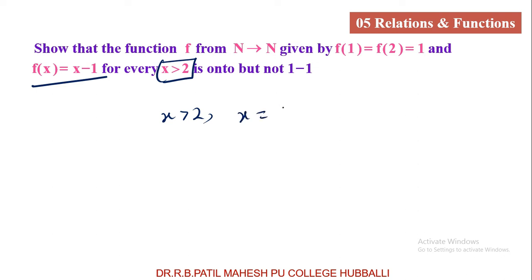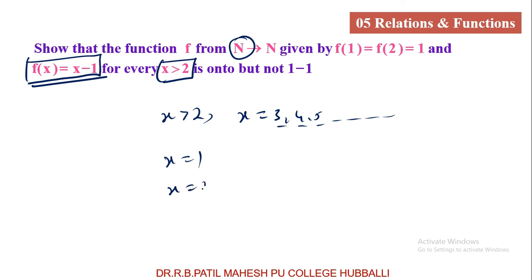Natural numbers, remember. X greater than 2 and natural numbers means 3, 4, 5. For 3, 4, 5 and so on, you should take the function f of x equal to x minus 1. And for x equal to 1 and x equal to 2, you should write their images. F of 1 is equal to f of 2 is equal to 1 only.